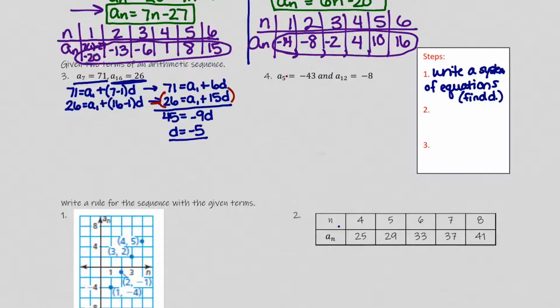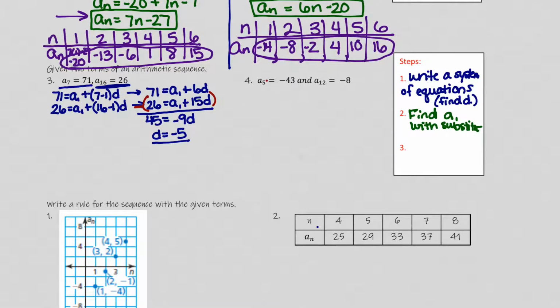To be able to write the rule, we also need the first term, which we can find by substituting in. So the second step is to find a1 with substitution. That's a long word, doesn't fit. Here, move it over. Substitution, there we go.